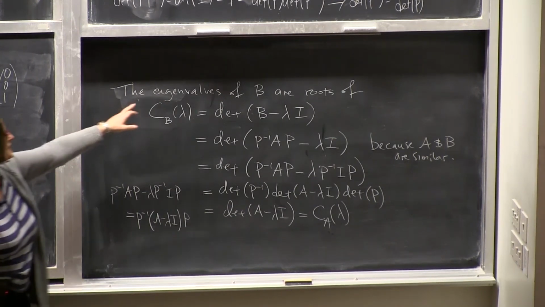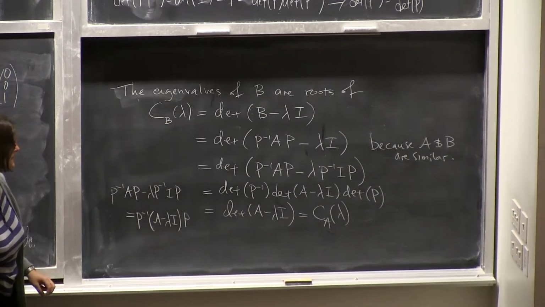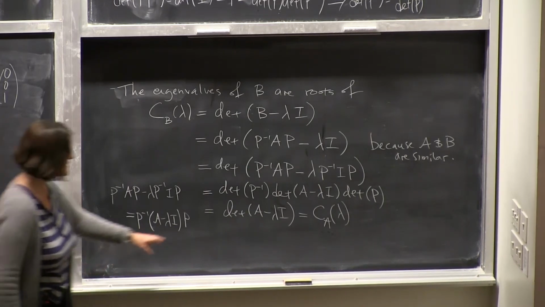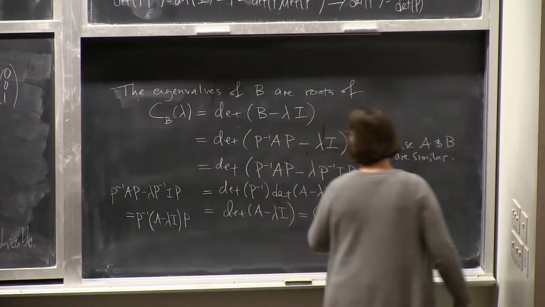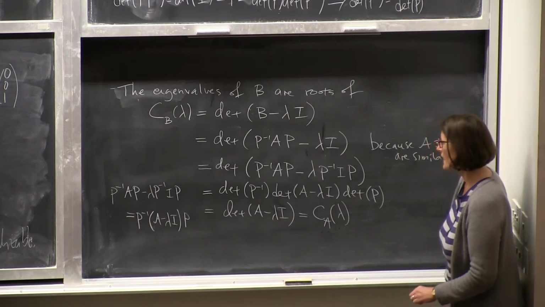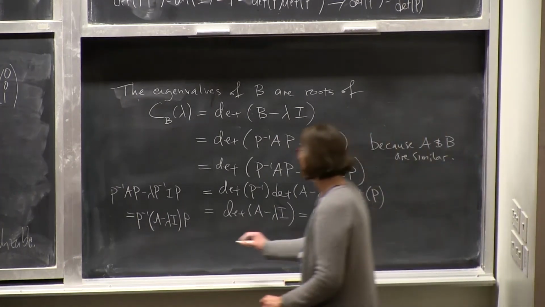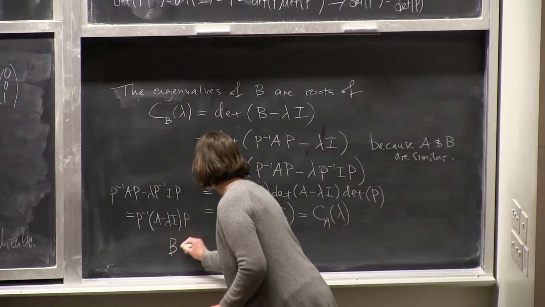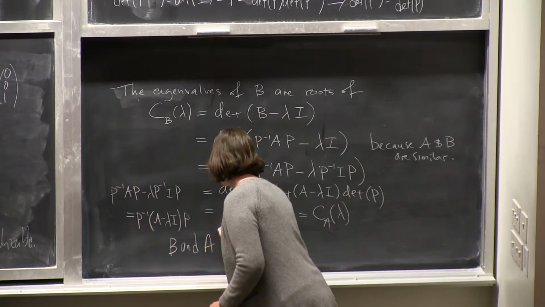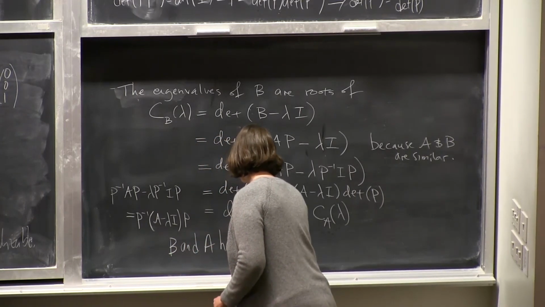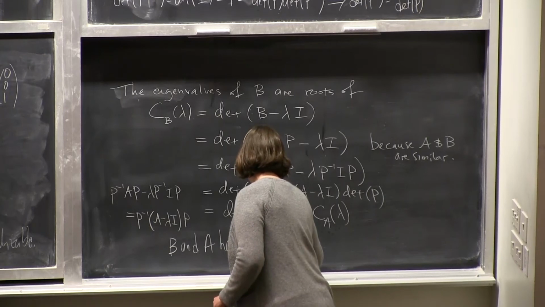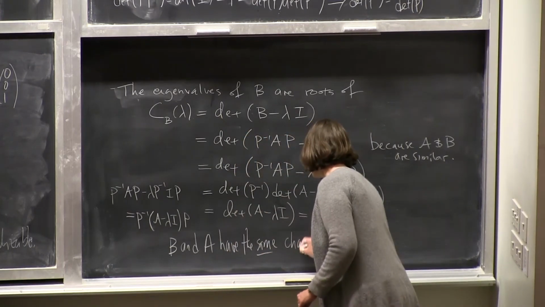And then I use that the determinant plays well with products. So the eigenvalues of B are roots of this characteristic polynomial, which is the exact same characteristic polynomial you get when you're looking for eigenvalues of A. B and A have the same characteristic polynomials.